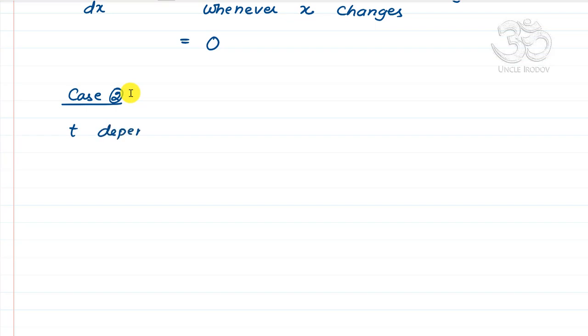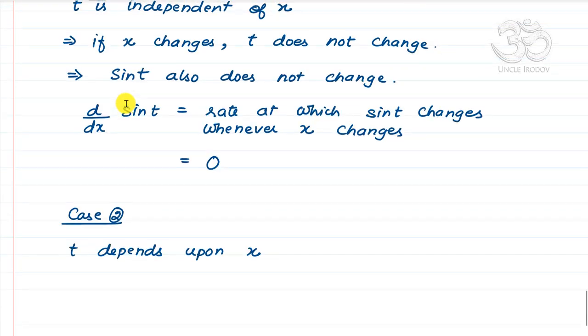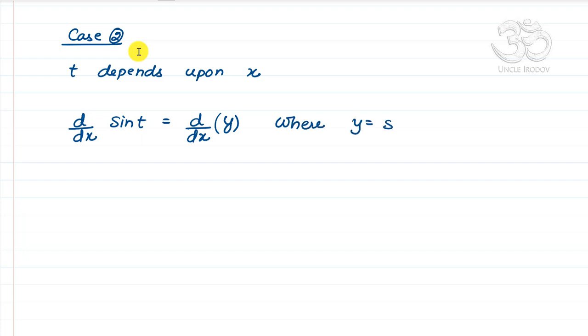If t depends upon x, then I will have to write d by dx of sine t as d by dx of y, where y is equal to sine t and t is some kind of function of x, but we don't know this function.